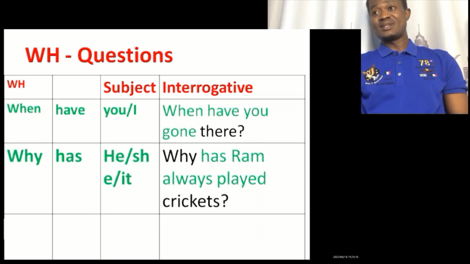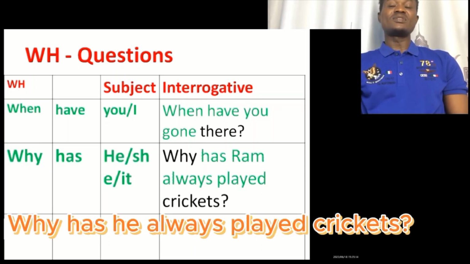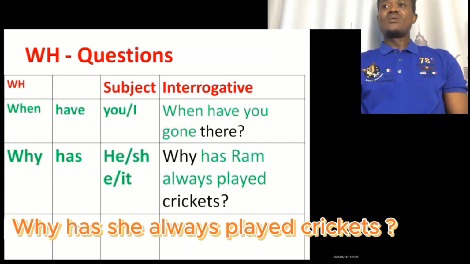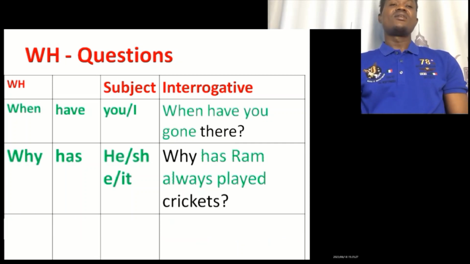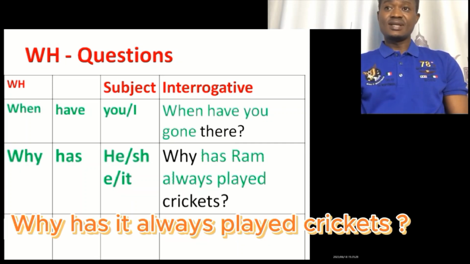If we replace Ram with he, it's: why has he always played cricket? We also say, why has she always played cricket? And, why has it always played cricket? All right, guys, you have to be aware of that.